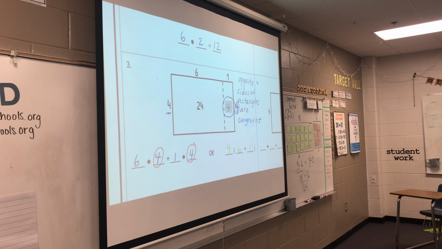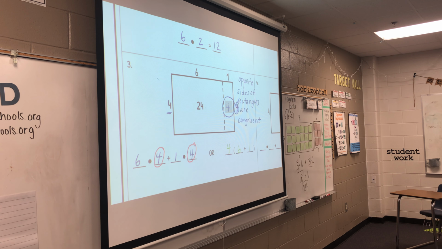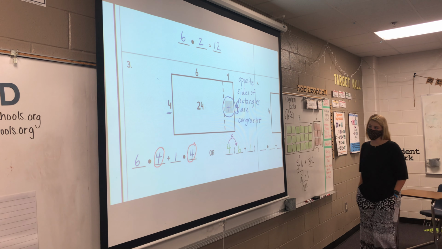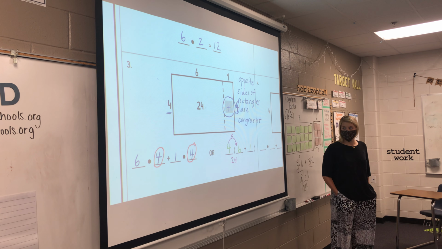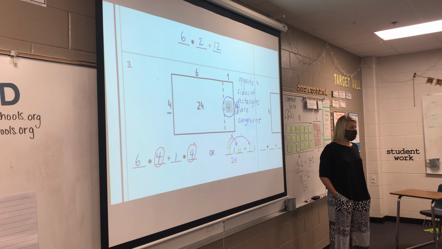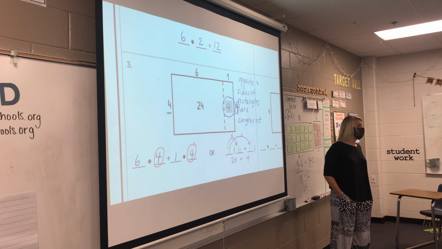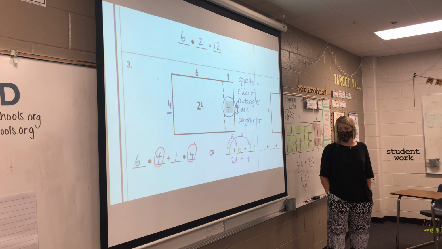You're on the right track. You do 4 times 6 which equals 24. Good. And then you do 4 times 1 which equals 4. Good. Then you add them together. Good. Which gives us? 28. Perfect. Good job.